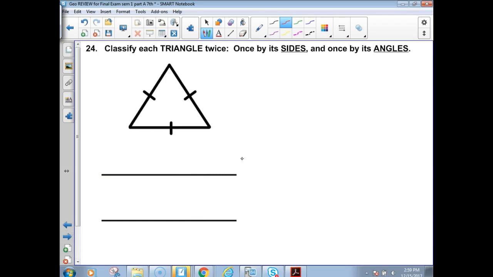Okay, classify this triangle. What's the two names? All right, so if by sides equilateral, by angles equiangular.